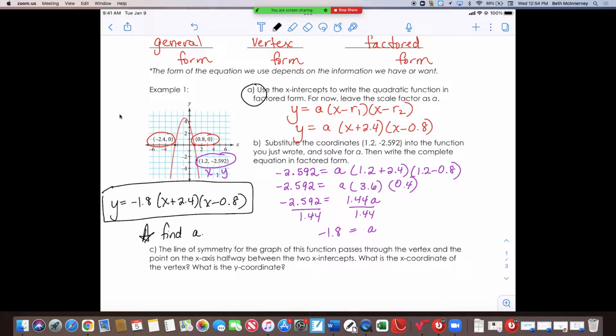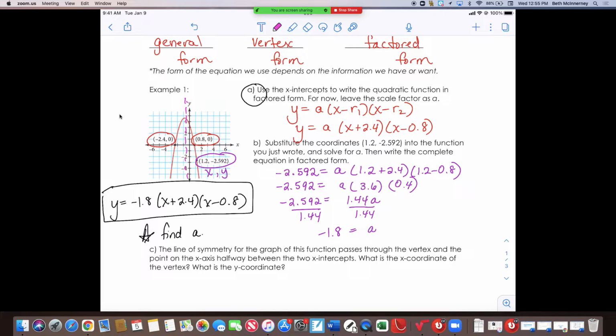So if I have both x-intercepts, then the axis of symmetry is going to go exactly halfway between my x-intercepts.